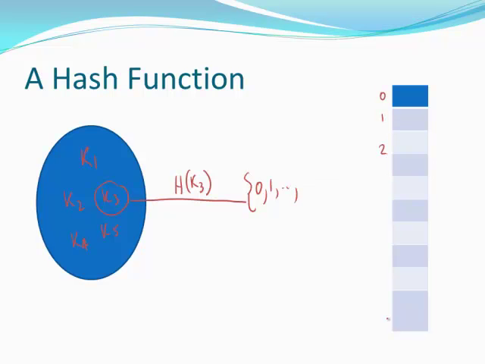So if you have a table of size n, we find a number that will fall into 0 to n minus 1. Once you find that number using a hash function, we'll be able to store the element k3 in that location.